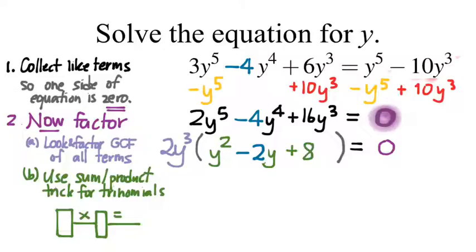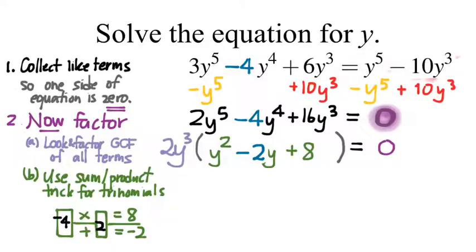And among the paired factors of 8, the pair that has the most promise here is a 4 and a 2. Because then we can arrange the signs on that 4 and the 2 so that their sum is -2. So which of the two should get the negative sign, the 4 or the 2? If their sum needs to be -2, right, the 4 should be negative.